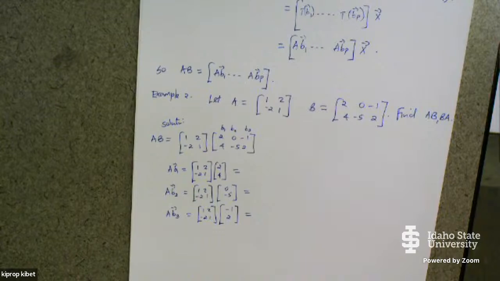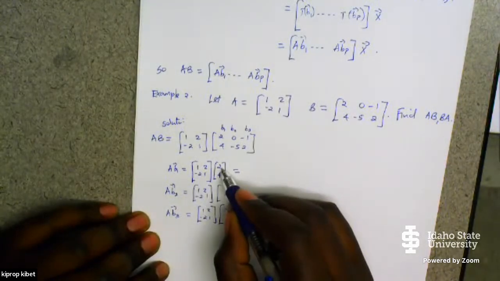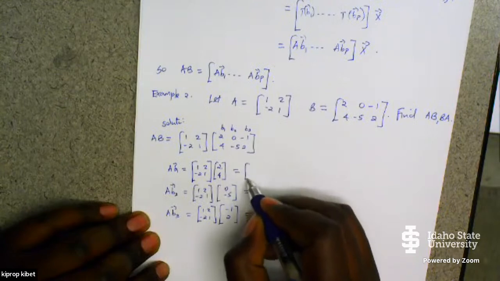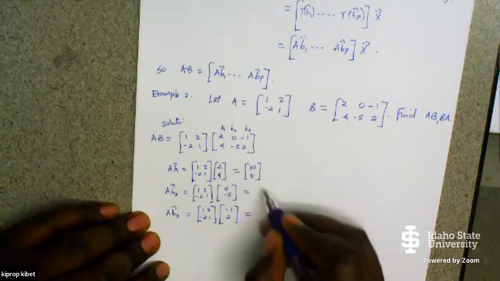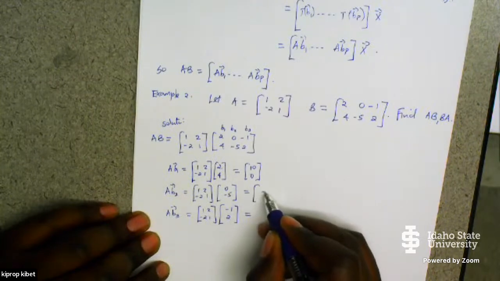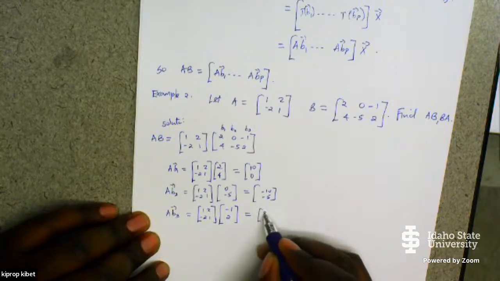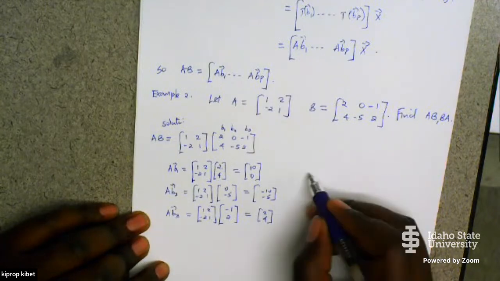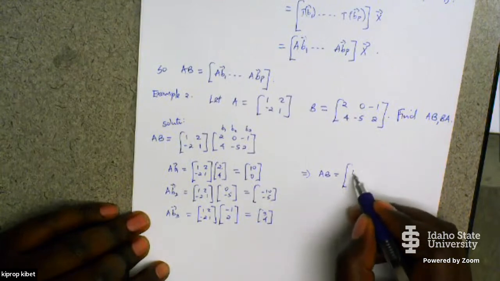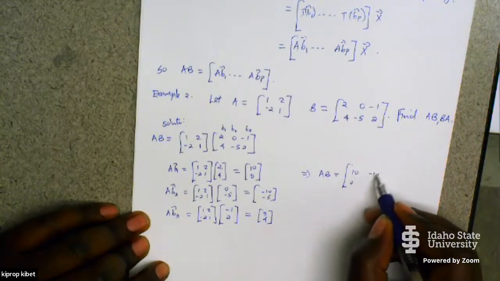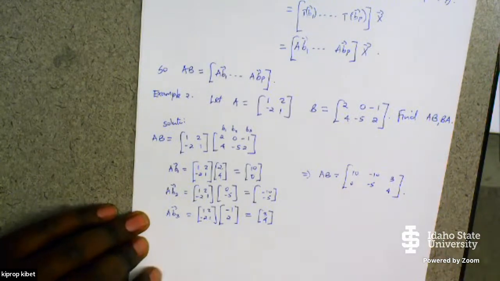The first one is [10, 0], the next is [minus 10, minus 5], and the last is [3, 4]. Therefore, AB equals [10, minus 10, 3; 0, minus 5, 4].